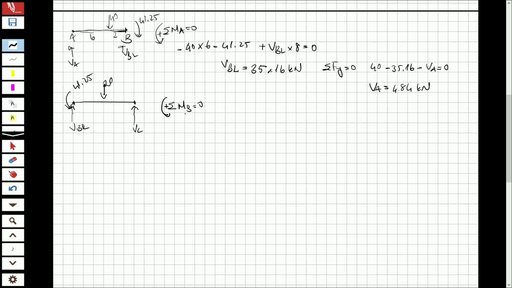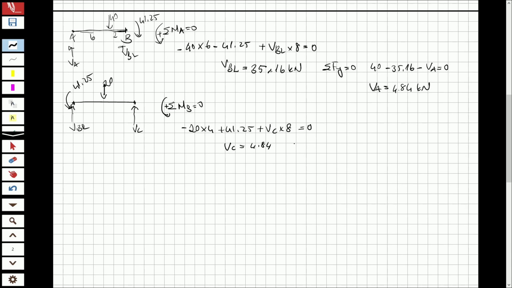This direction is positive, so I am going to take it like that: minus 20 times 4, and plus 41.25, and I will take positive VC times 8 equal to 0, and I will obtain VC as 4.84.